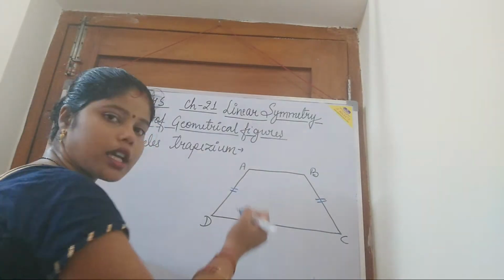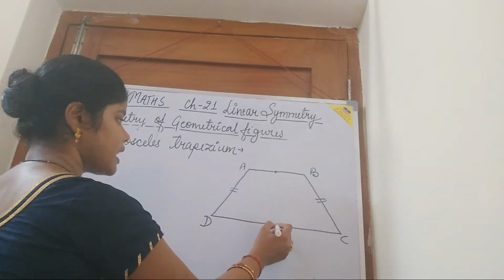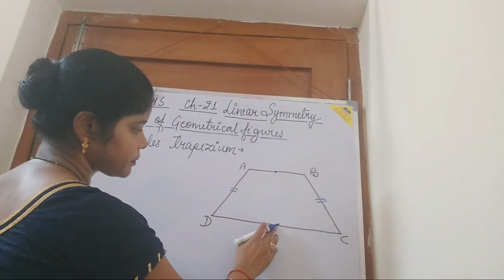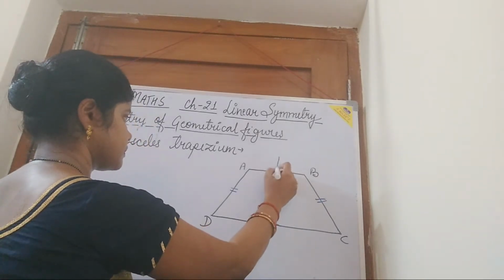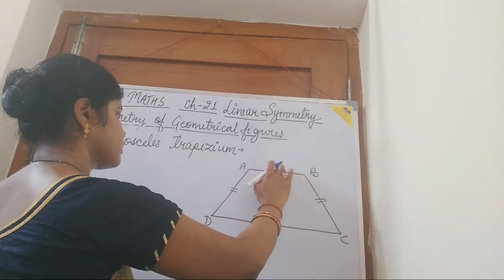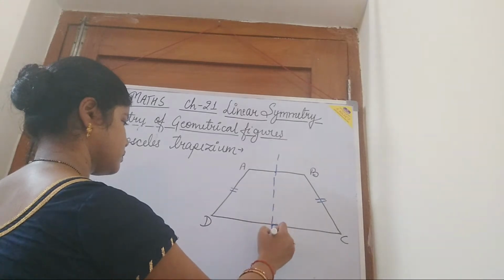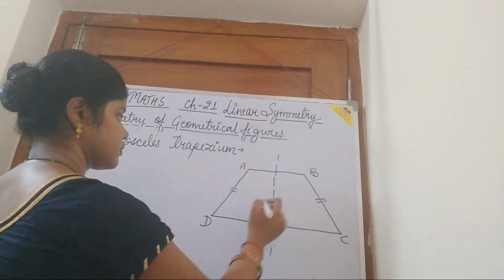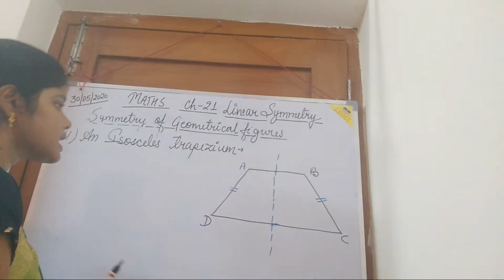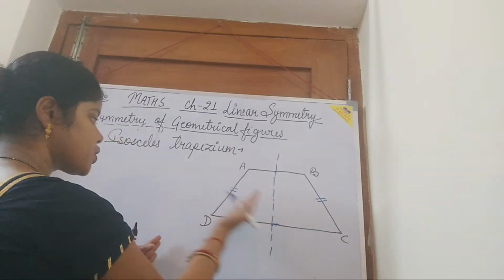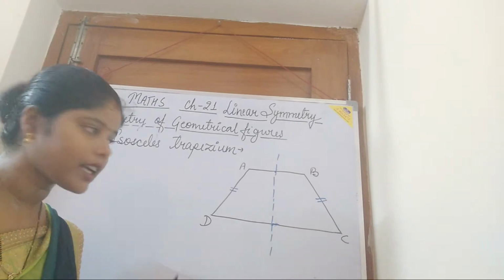So when we draw the line of symmetry, it passes through the midpoints of the opposite parallel sides. When we overlap these parts, they coincide exactly with each other.